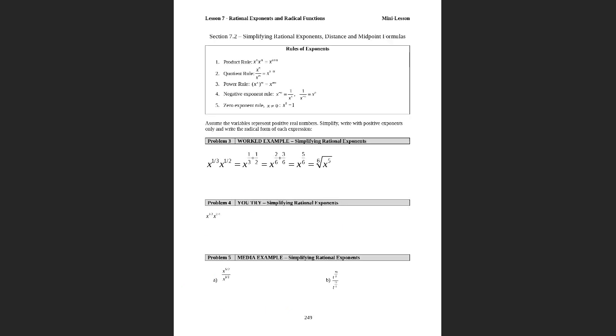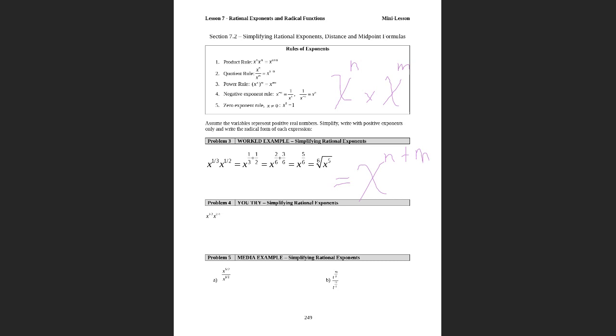Let's keep going. Now, let's talk about rules of exponents. The first rule is the product rule. If I have a number x to the power n times another x to the power m, then this should be equal to x to the power n plus m.